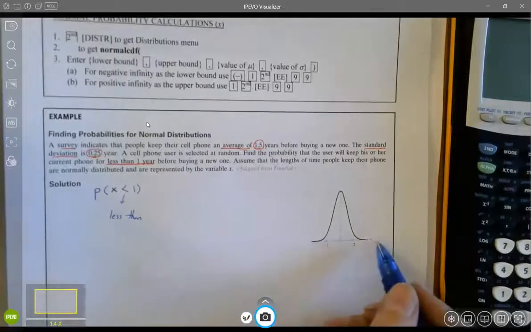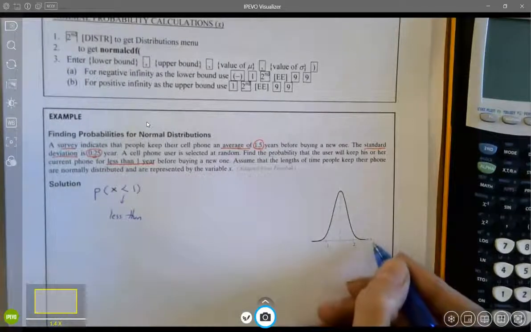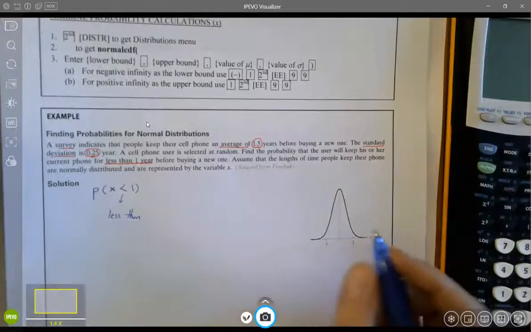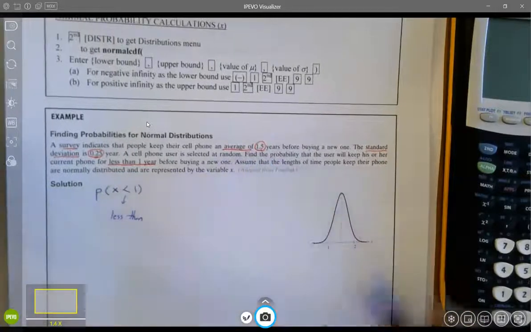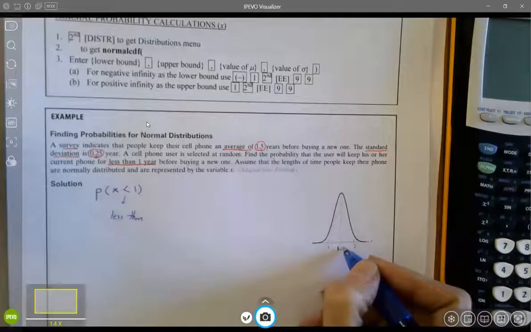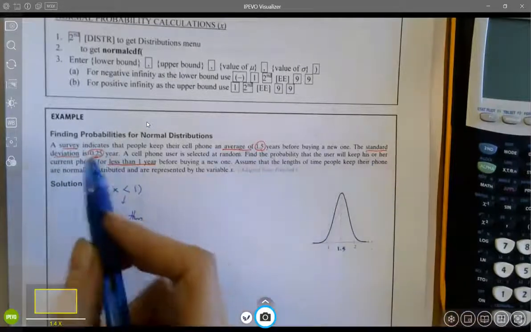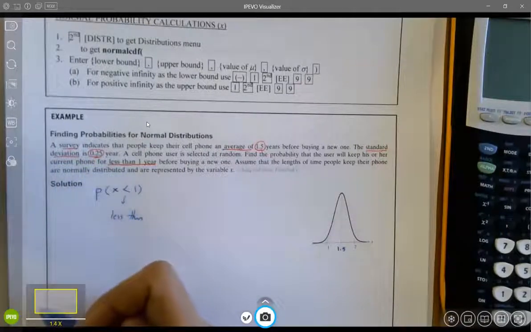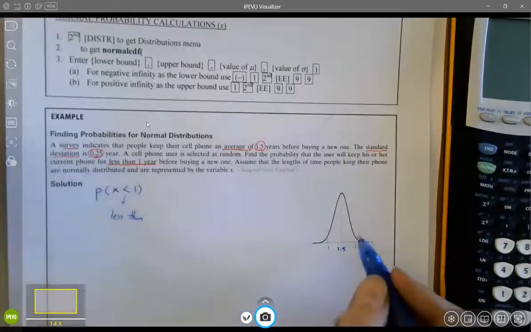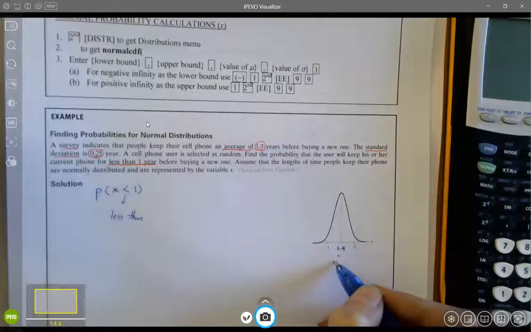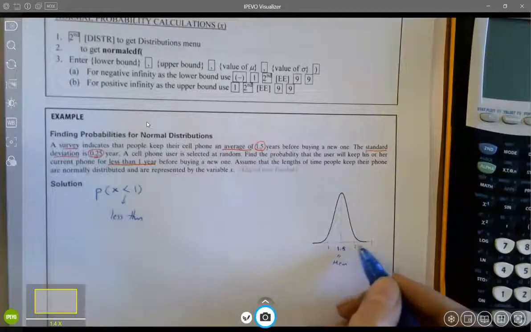This is our normal distribution, and here we have the mean, which is 1.5. 1.5 is in the middle, and the standard deviation is 0.25. Very well. So this is our mean, and on the horizontal axis, we have our X values.